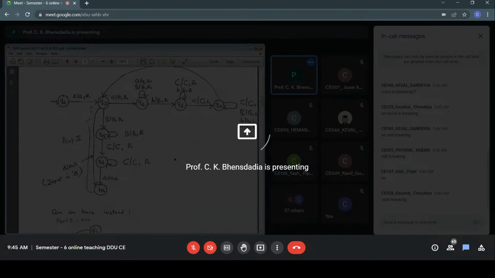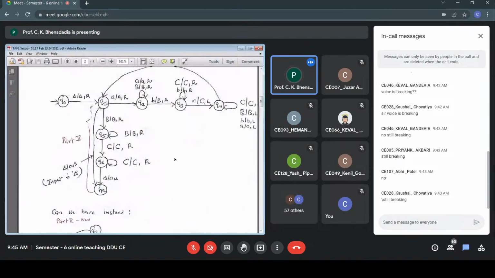So even a thing like ABC, if you merge Q5, Q6, it should work. You can check it out yourself. A, B, C converted into capital.